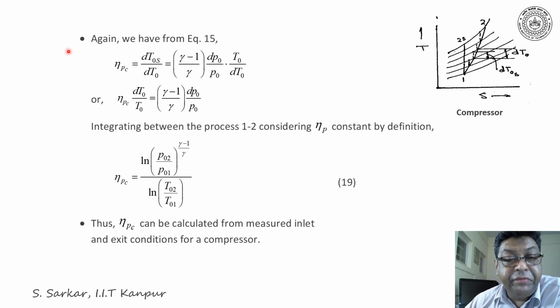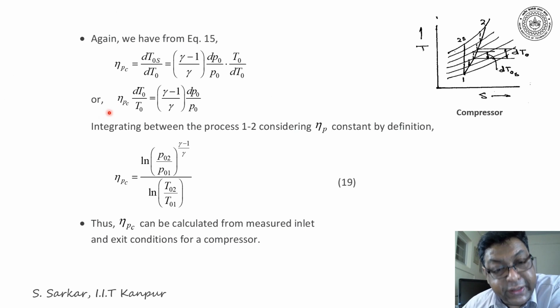From equation 15 that I have derived earlier, for a compressor I can write eta PC is equal to dT0s by dT0, that is isentropic temperature rise for the elemental stage divided by actual temperature rise, that can be projected as gamma minus 1 divided by gamma into dP0 by P0 into T0 by dT0.